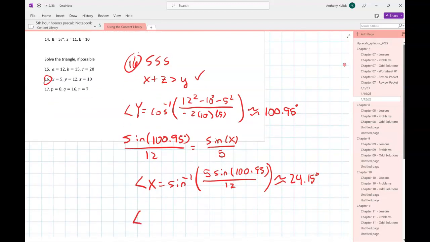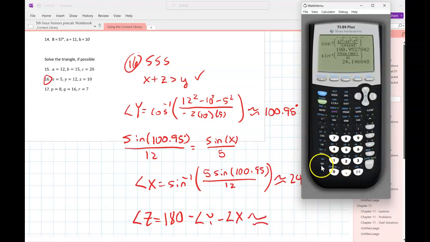And then my angle Z is just going to be 180 minus angle Y minus angle X. So 54.90 there.